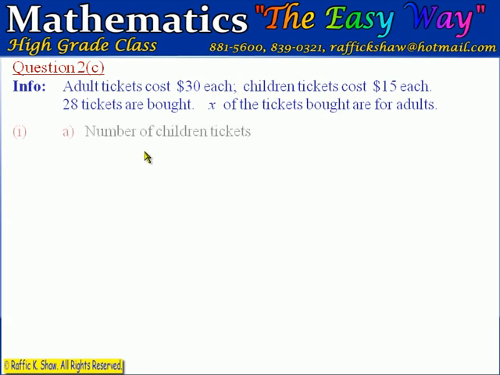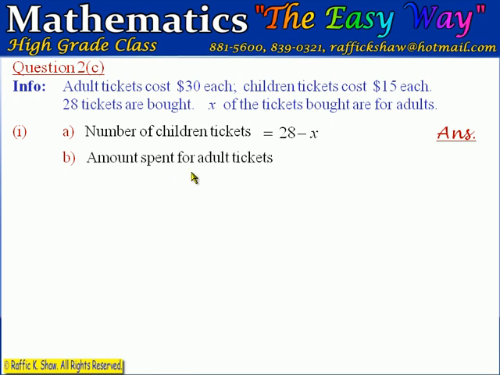Now the first part is asking us for the number of children tickets. And if there are 28 tickets in total and X of the tickets are for adults, then the number of children tickets must be 28 minus X, right? We are now asked to find the amount spent for adult tickets.